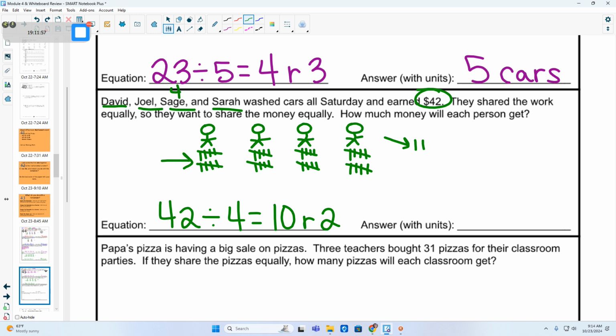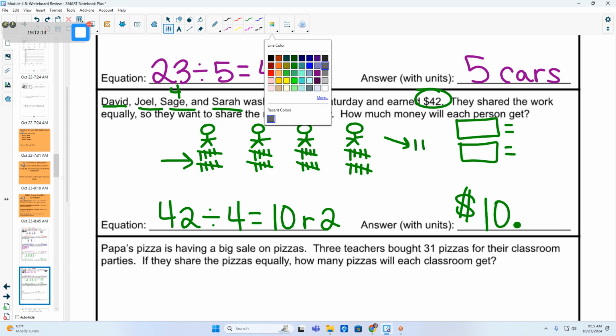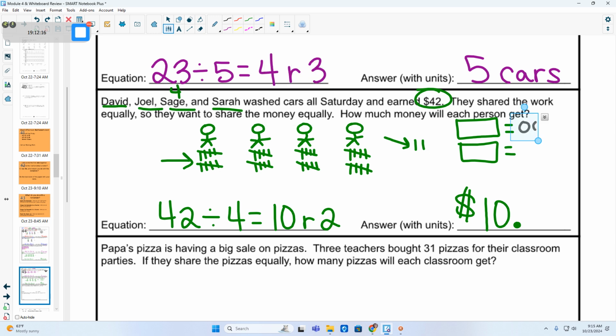Now, I know that means that every kid's going to get $10, but they're also going to get like a smidge extra. We've got to split up those last $2 between 4 kids. It might be easy for you to think about quarters, like each dollar is worth 4 quarters, right?